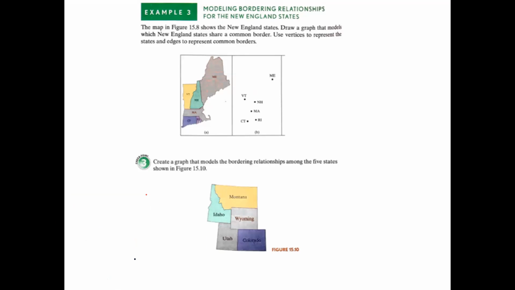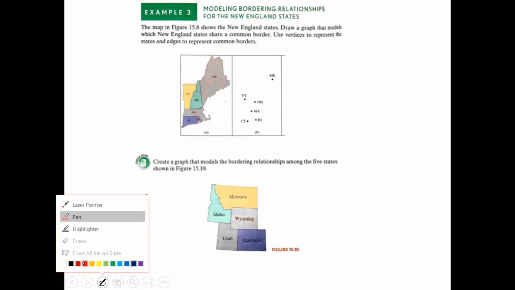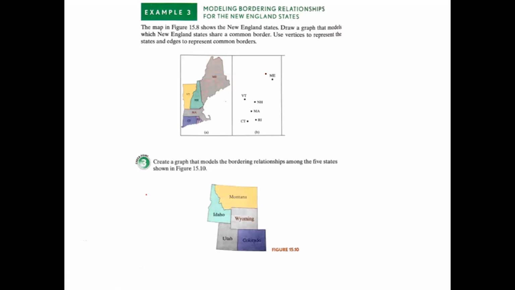Okay, so then here, what I can do, I can go from ME, I think ME is maybe Maine, to NH, to VT, to MA, to CT, to RI, back to MA, and to NH.